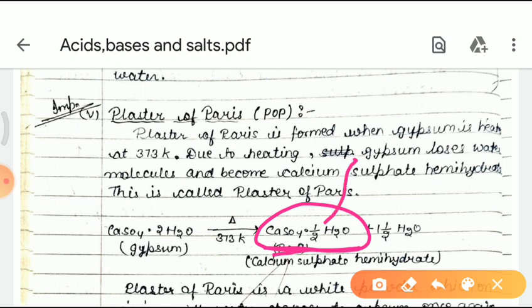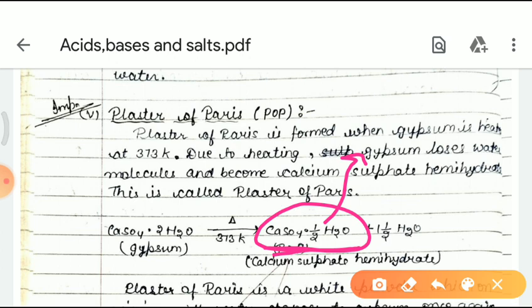This is not the whole molecule of water, this is only half a molecule of water which is used in the crystallization of POP. So CaSO4 dot half H2O is called calcium sulfate hemihydrate, because this is half, and we know that half we can say semi, right? For example, a circle, and if we are considering the half circle, then it is a semicircle.